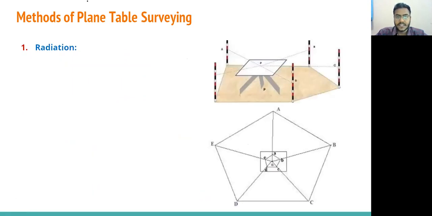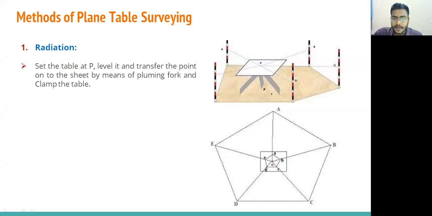Okay, so I will discuss three methods here: radiation, intersection, and traversing. In the radiation method, a ray is drawn from the station towards the other points. The procedure we can see in this figure.